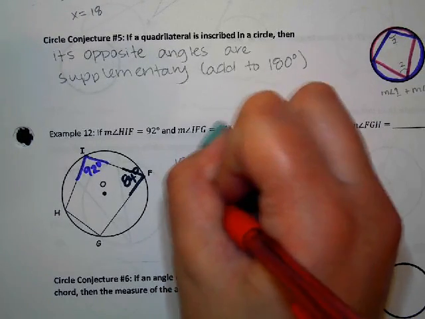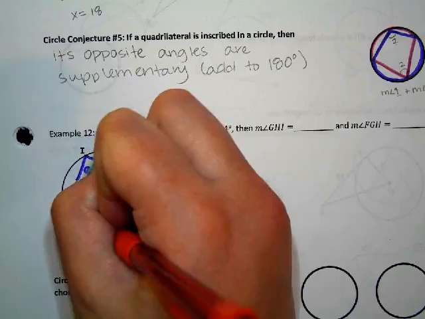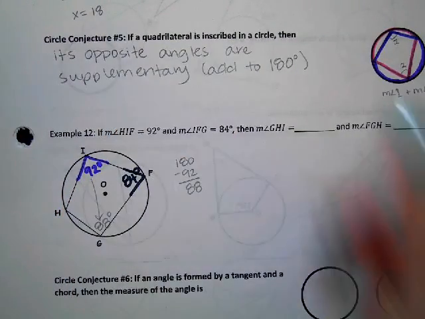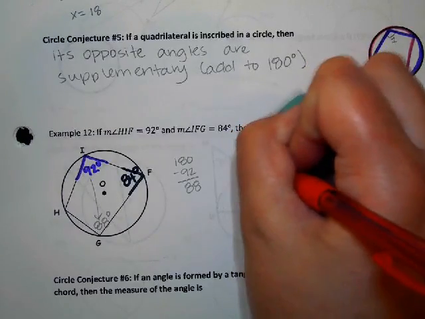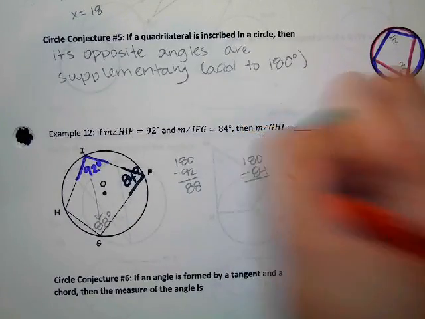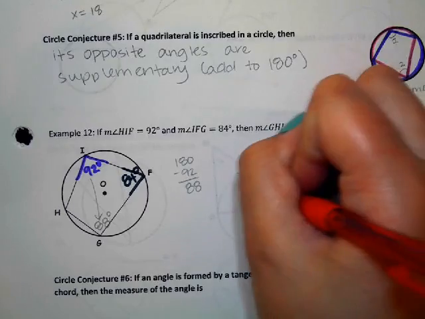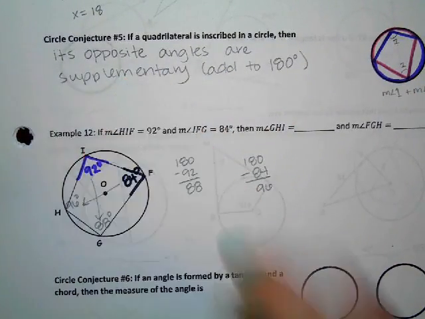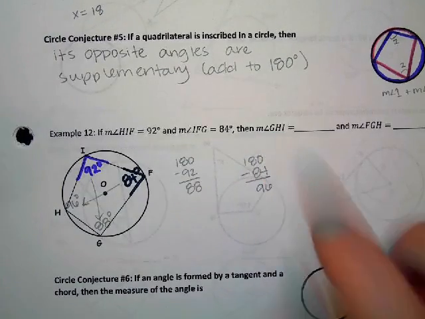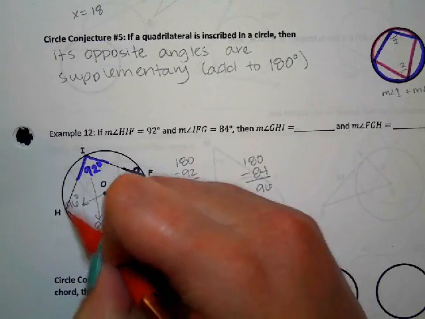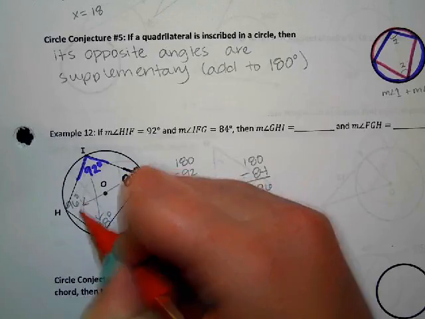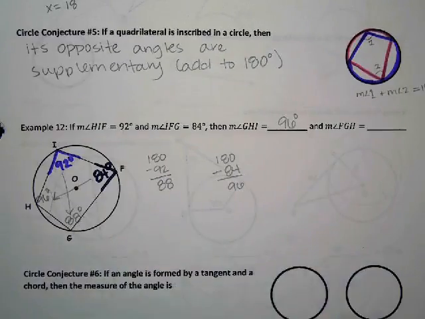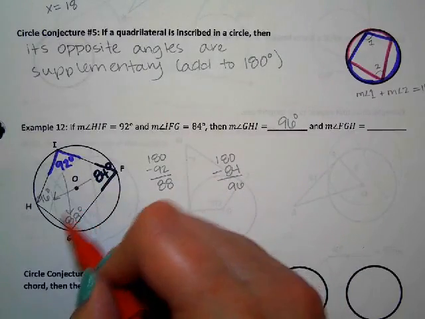And then 180 minus 84 is going to be 96. And so the one across from that is 96. So GHI is this one. That one was 96. And then FGH is this one. That's the 88. It's not the only way to do the problem, it's just faster.